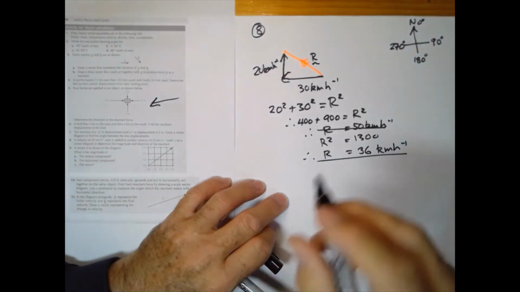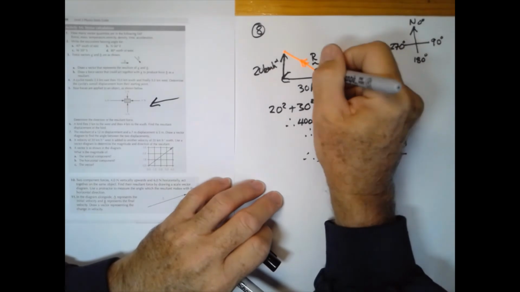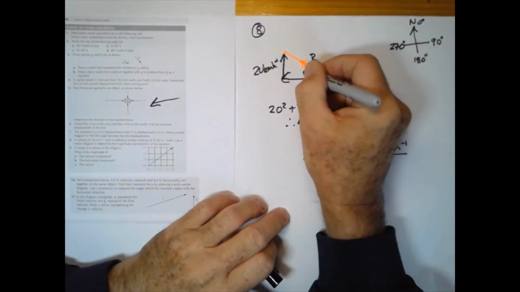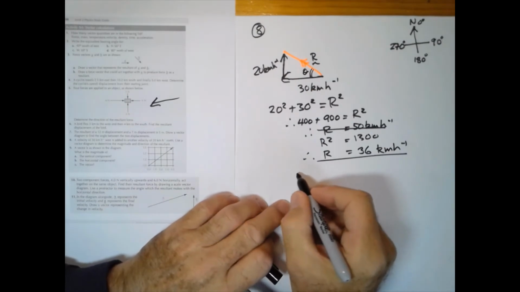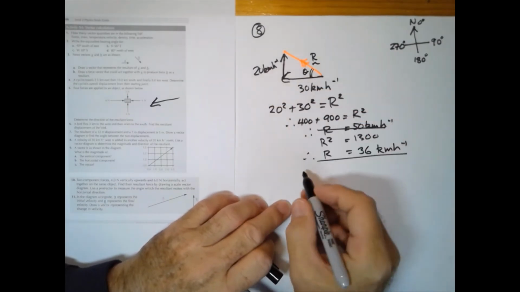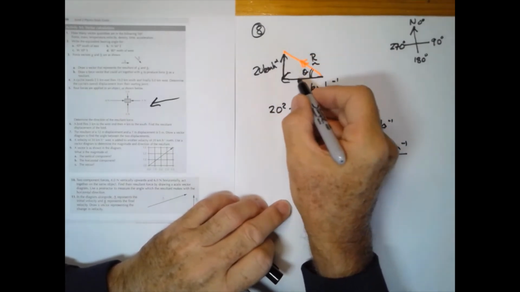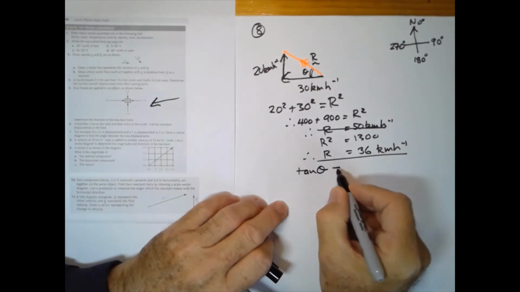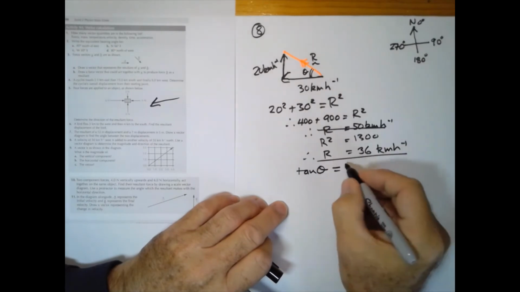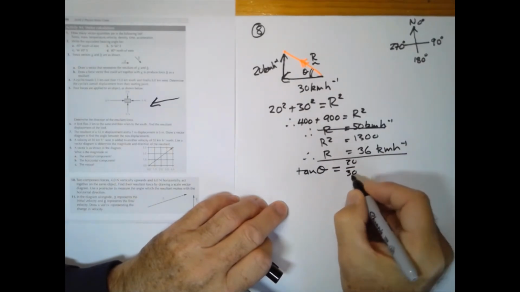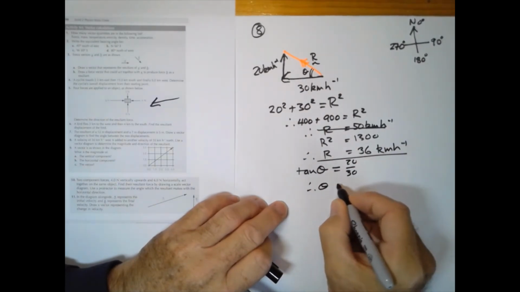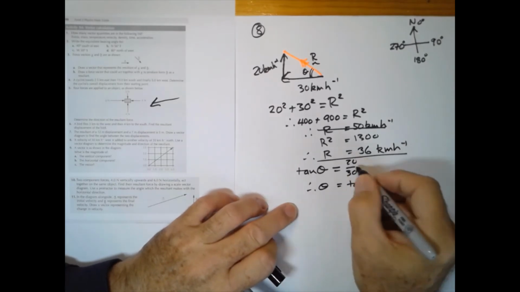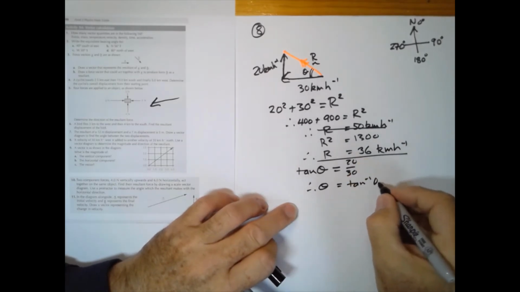And now we need to work out this angle here from our triangle. Let's call it theta. Let's use a tangent. Tangent is opposite over adjacent. Tangent theta is equal to opposite over adjacent, 20 over 30. Therefore theta is equal to the inverse tan of 2/3, 0.667.